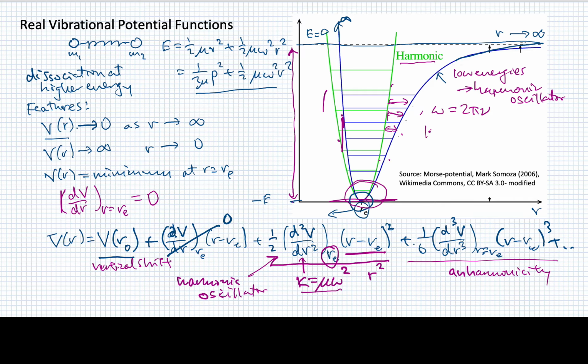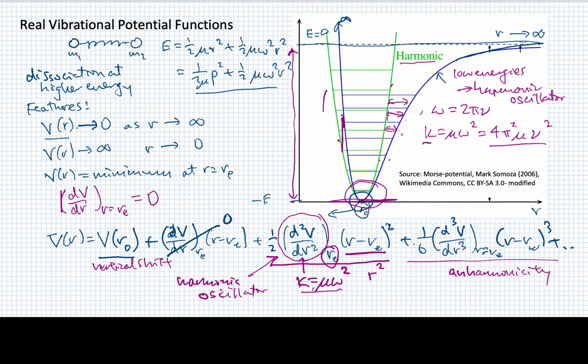So in other words, K could also be written as mu omega squared or as 4 pi squared mu nu squared. So this is an equivalent way of expressing the force constant K. We also have seen that this force constant K is the second derivative of a realistic potential with respect to the displacement coordinate, but evaluated at that equilibrium value.